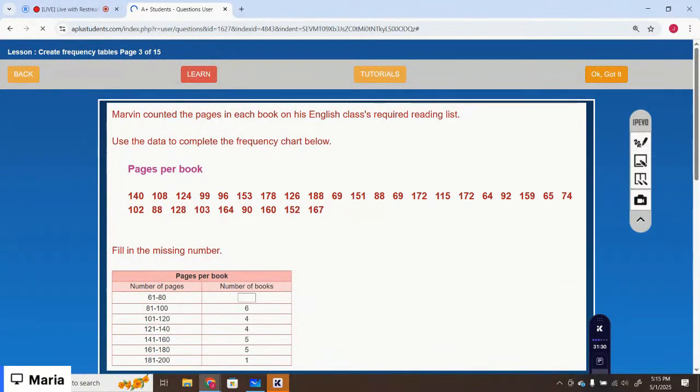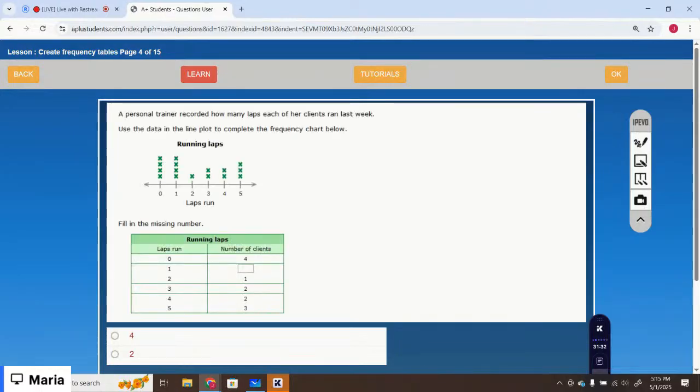Okay, let's just move to the next question. A personal trainer recorded how many laps each of her clients ran last week. Fill in the missing number.